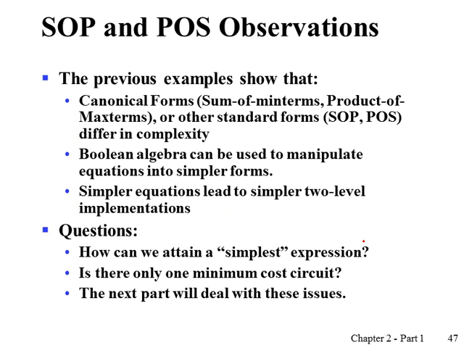So we have a canonical form, sum of minterms or product of maxterms. And we have a standard form called the sum of products or product of sums. The only difference is the hardware complexity. Then naturally we will have a few questions.